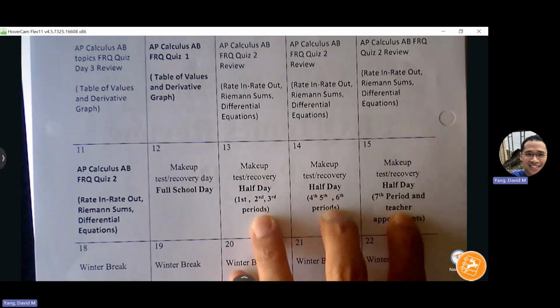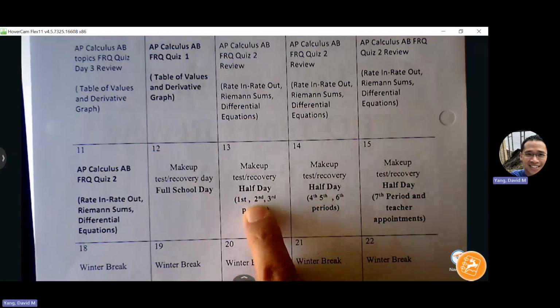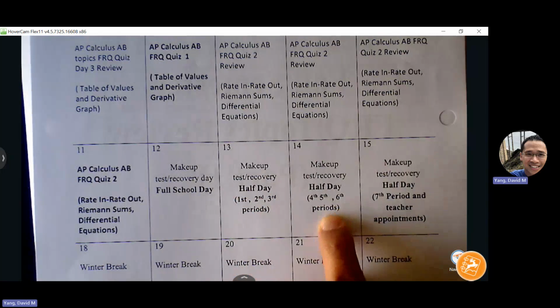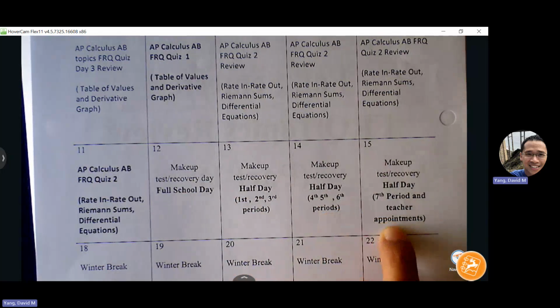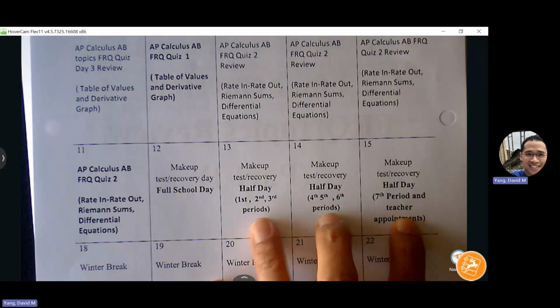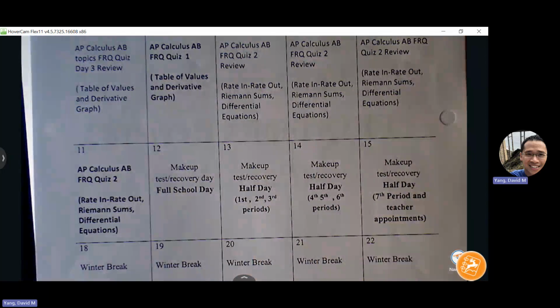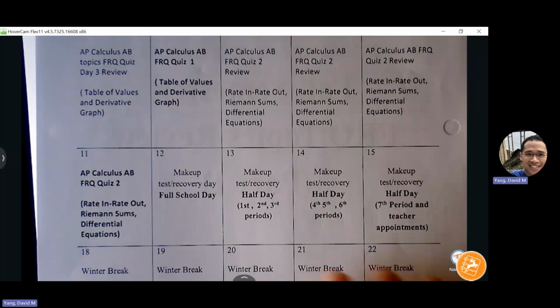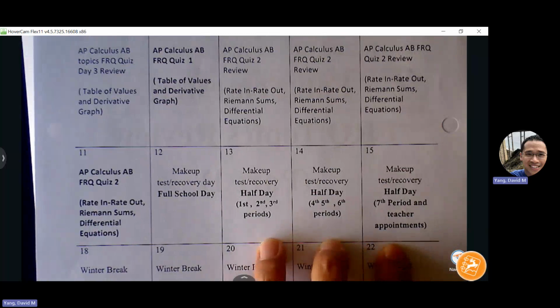And there'll be half days. They say that they want first, second, and third period to be doing makeups on Wednesday, 4th, 5th, and 6th on Thursday, and then 7th an appointment on Friday. But really, you can come in anytime that your schedule allows, and you can make up any quizzes or tests that you want to make up. Just give me a heads up ahead of time.